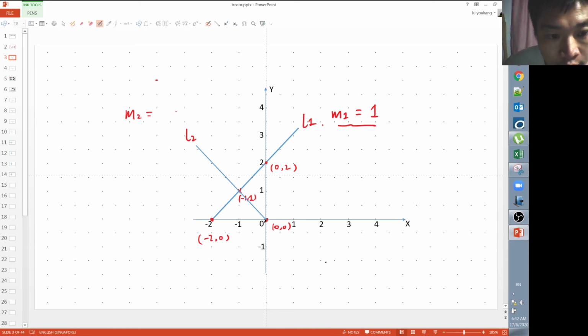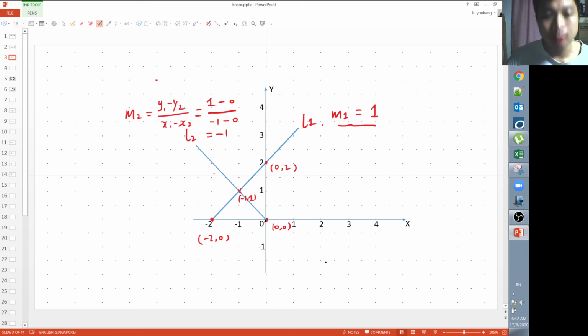The gradient of line 2 is y1 minus y2 divided by x1 minus x2, and your y1 is 1 and this is 0, and you have your x1 which is -1, so 1 divided by -1 is -1.